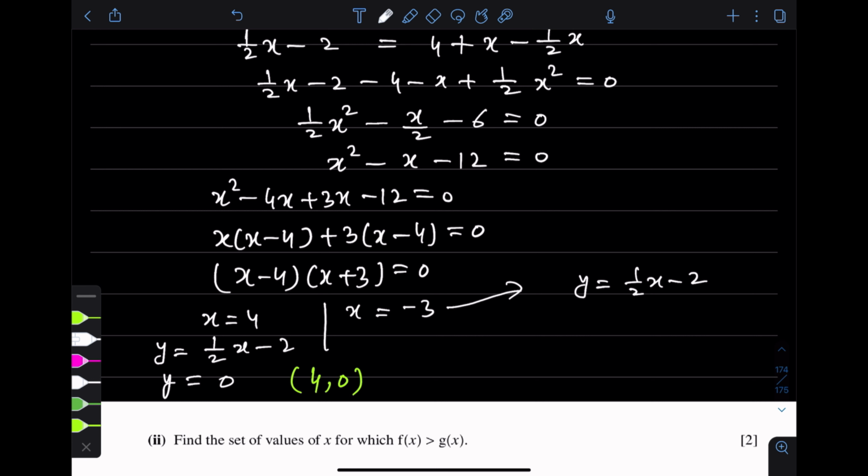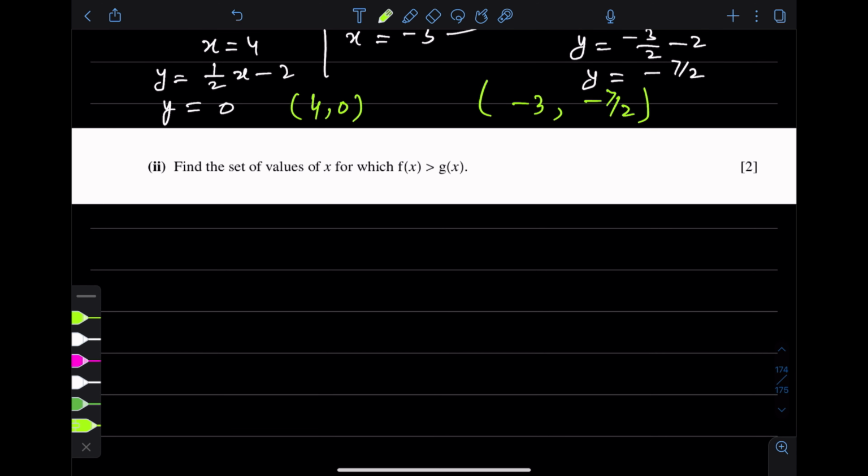Putting x equal to negative 3 in here, we get y is equal to negative 3 over 2 minus 2. y is equal to negative 7 over 2. So point of intersection will be (minus 3, minus 7 over 2). So these are two points of intersection.